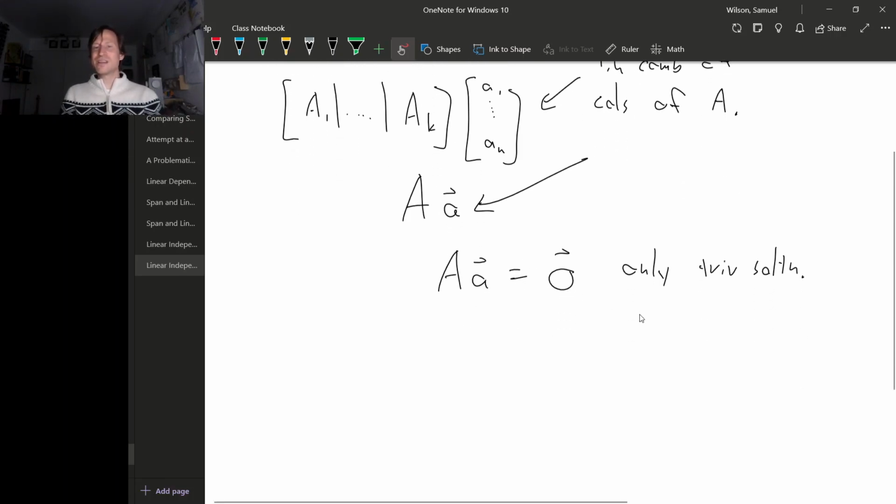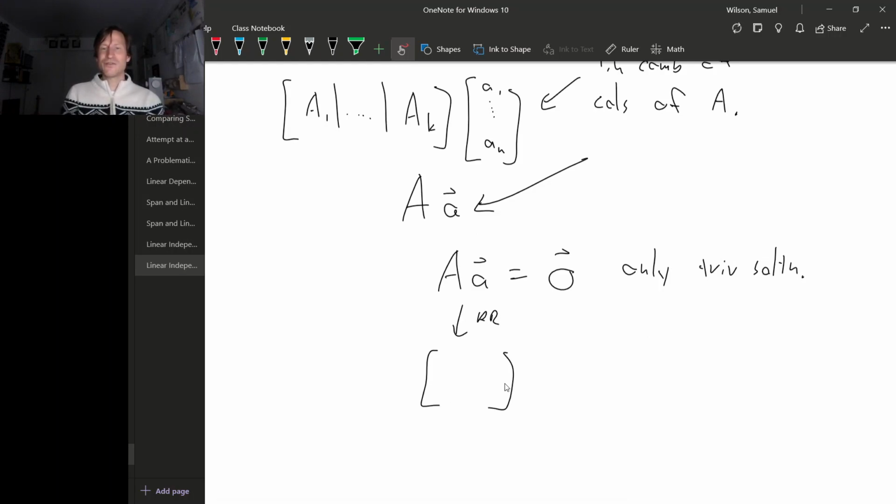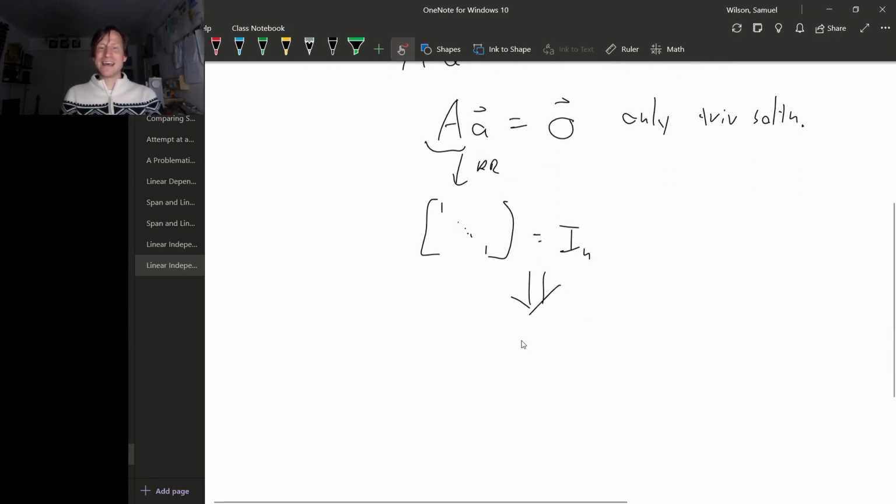If this has only the trivial solution, then that means when you row reduce A, for a homogeneous equation to have only trivial solutions, what you get is the identity matrix. And we already know that if you have a square matrix and you can row reduce it to the identity matrix, that means that the matrix is invertible.